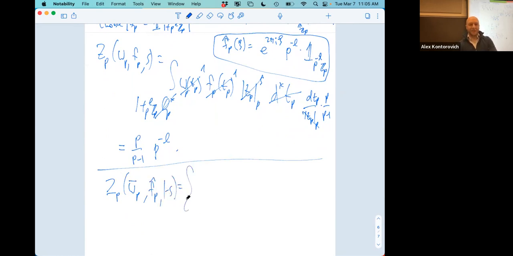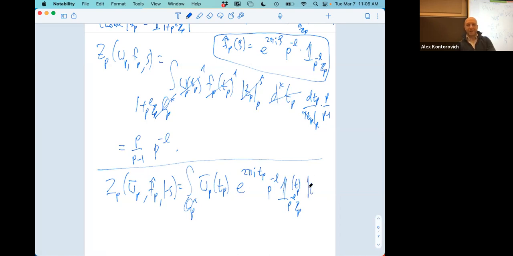It's the integral over Q_P cross of omega_P bar of t_P, F hat. Let's put in what F hat is. F hat is e to the 2 pi i t_P P to the minus L, times the indicator function of t_P being in P to the minus L Z_P.